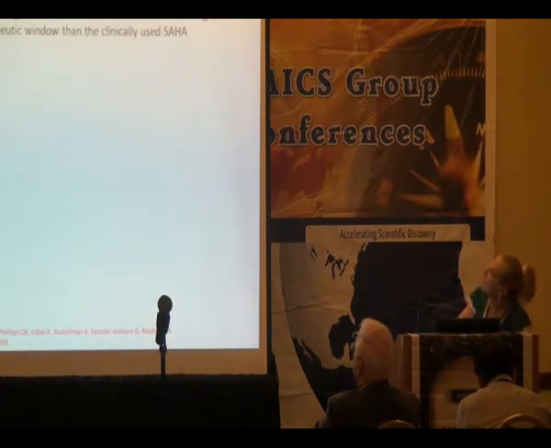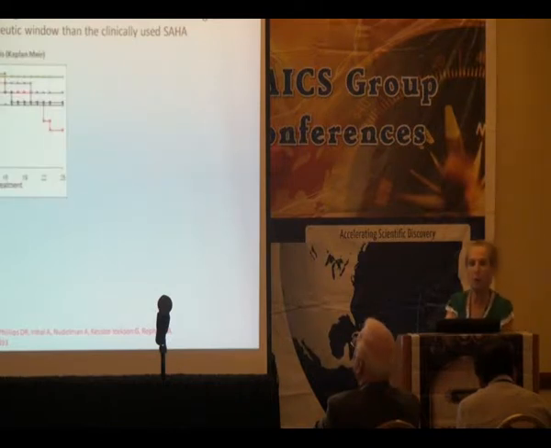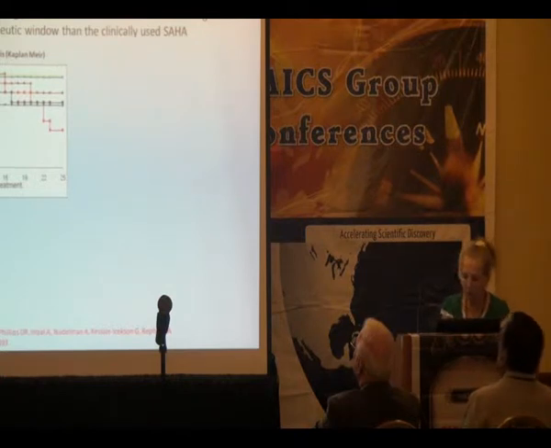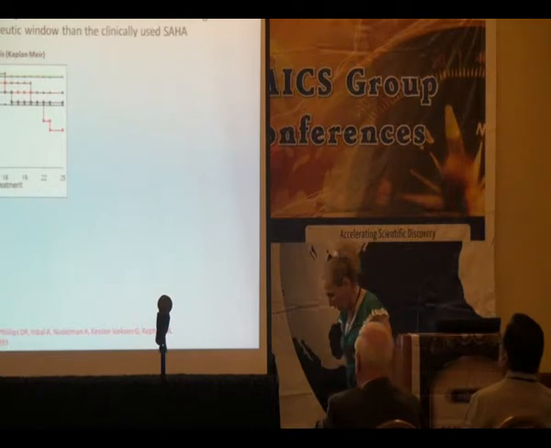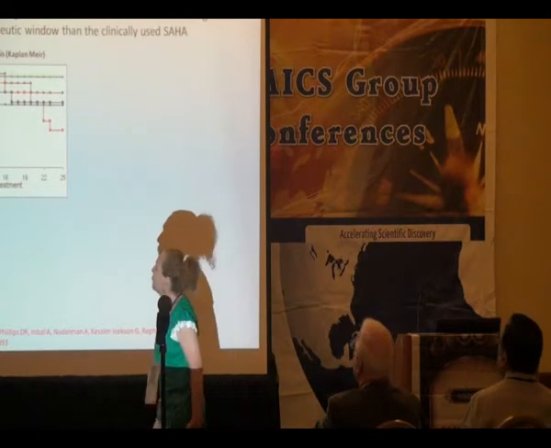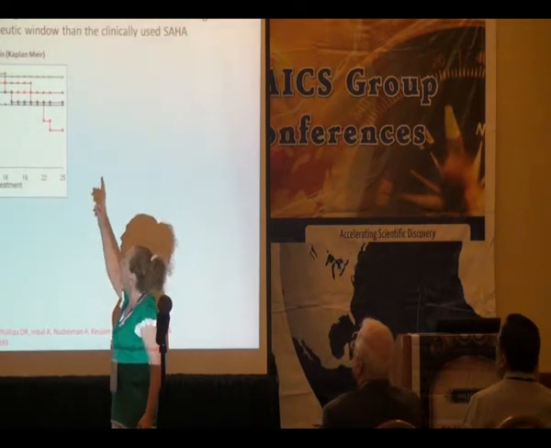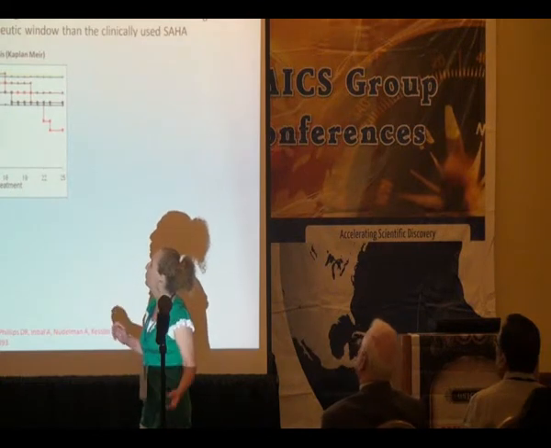In glioblastoma xenograft, we wanted to get the proof in vivo. This is a xenograft of U251 in nude mice, and when we looked at the survival, we can see that the untreated mice, the blue line, died from the tumor.